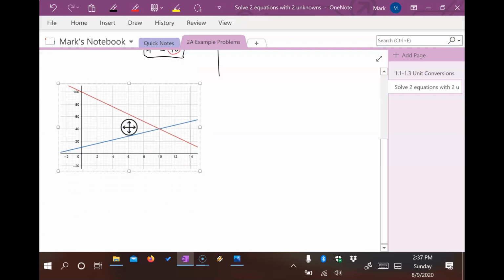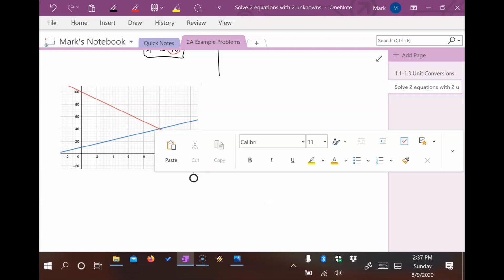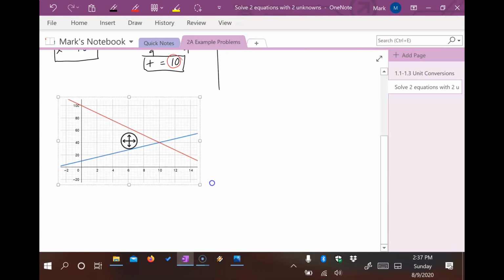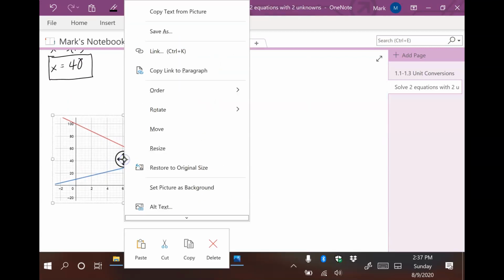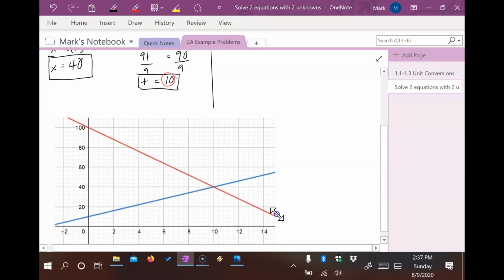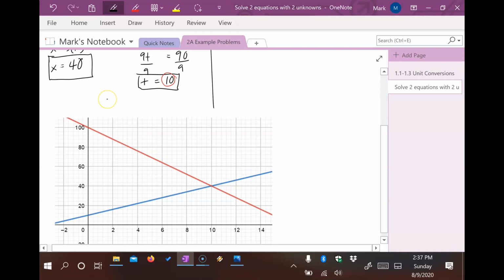These equations are equations of lines, and if we look at these, let me get my OneNote to do something here for me. Let's see, there we go. All right, so these are the two equations. We've graphed these guys here.